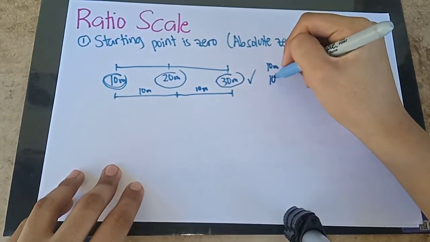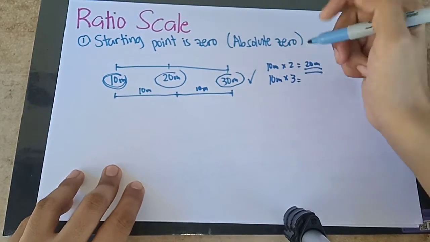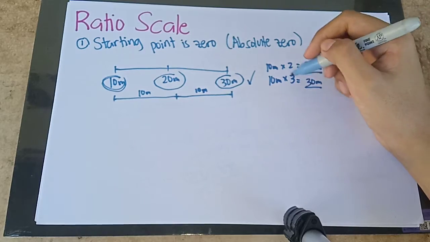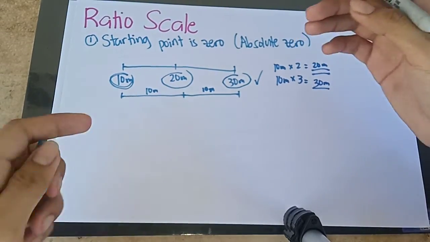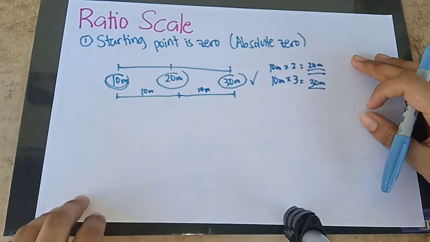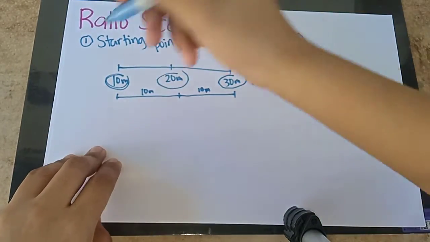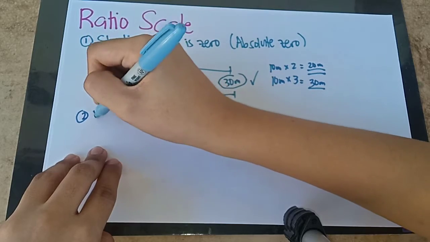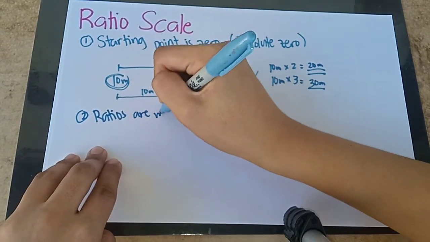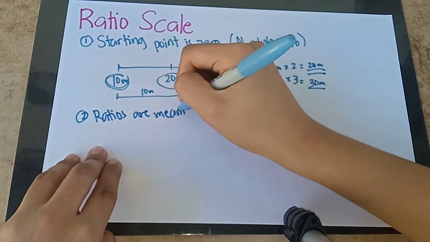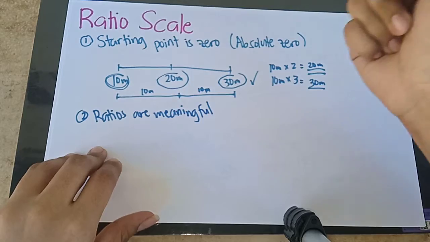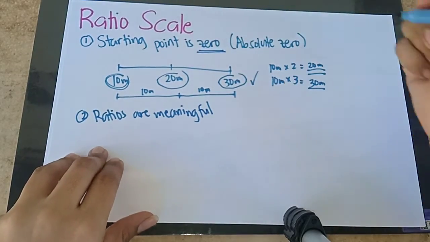Then 10 meters times 3 gives a result of 30 meters, meaning 30 meters is thrice as long as 10 meters. Why can we measure these distances? Because in the ratio scale, ratios are meaningful, meaning distances are meaningful. Why? Because the starting point is 0.